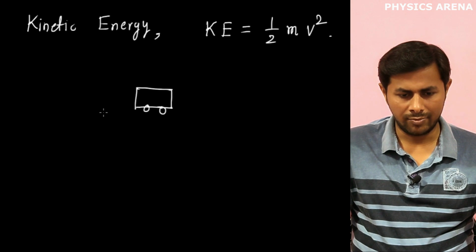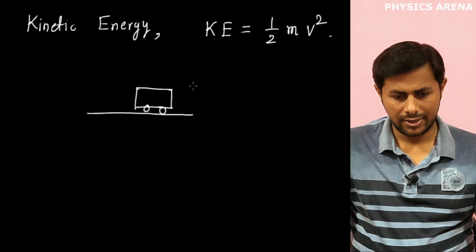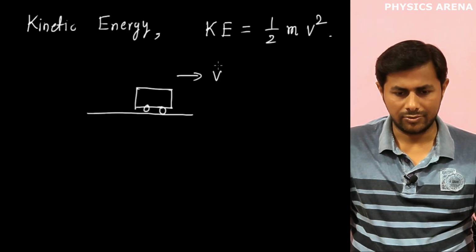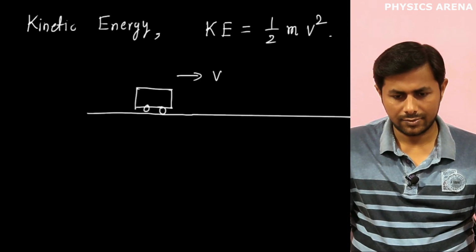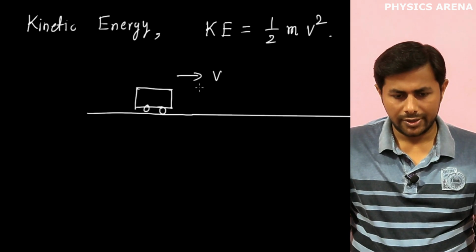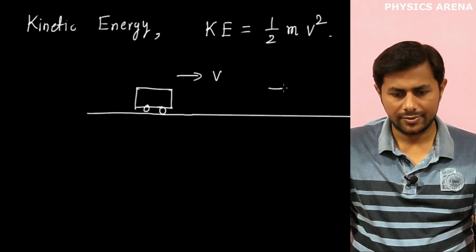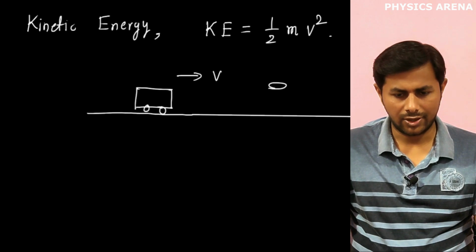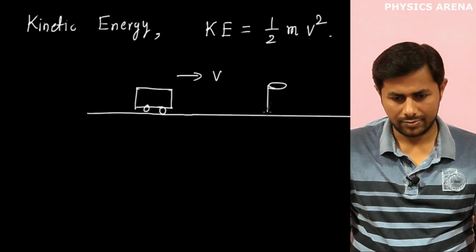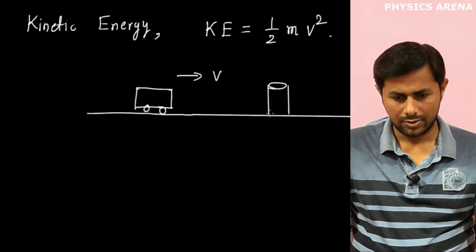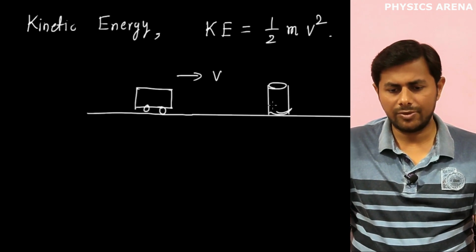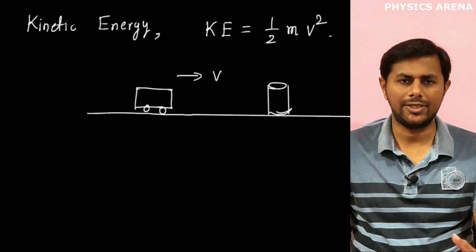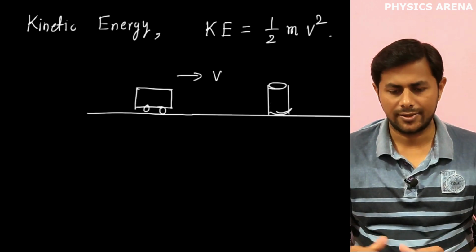So this is a moving cart, and let's suppose it is moving with speed v in this direction. Now suppose this moving cart collides with this object. When there is a collision, this object will be displaced in the same direction as the motion of the cart.